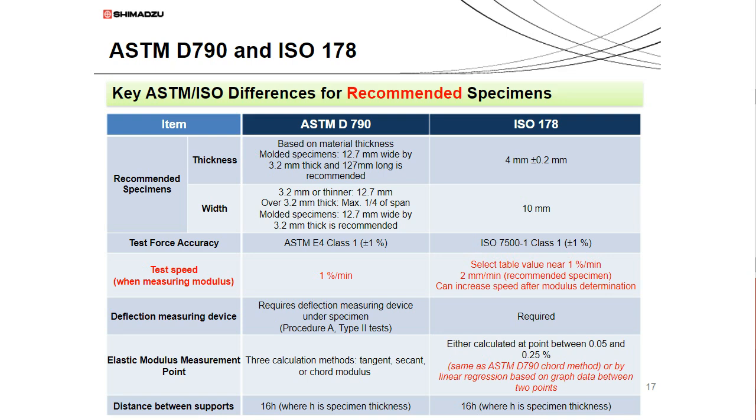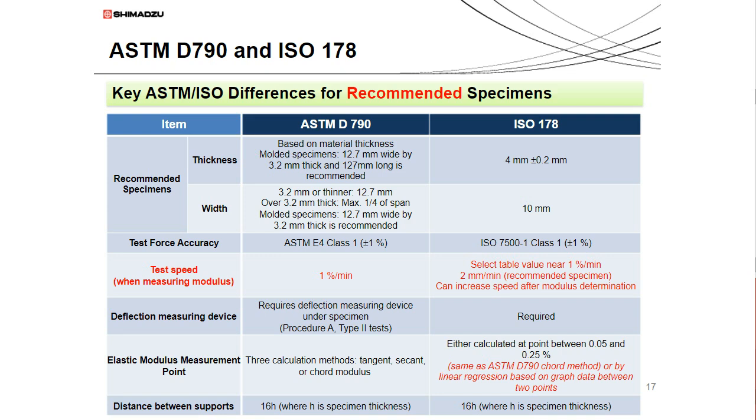So for the ASTM standard, the recommended sample dimension is a molded specimen that's 12.7 millimeters wide, 3.2 millimeters thick, and 127 millimeters long. Although there are provisions for different dimensions. And you'll notice that with changing specimen thickness, different widths are recommended.